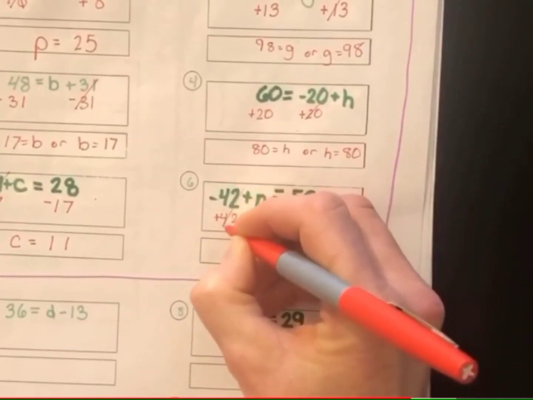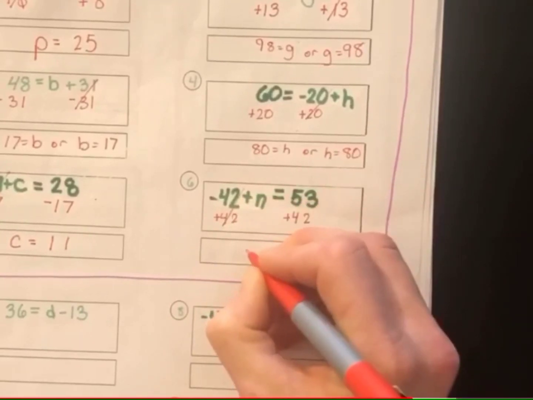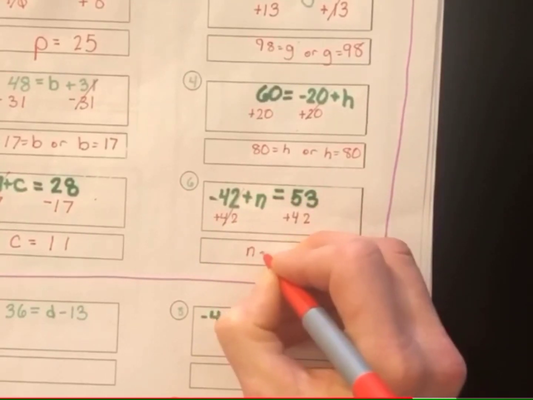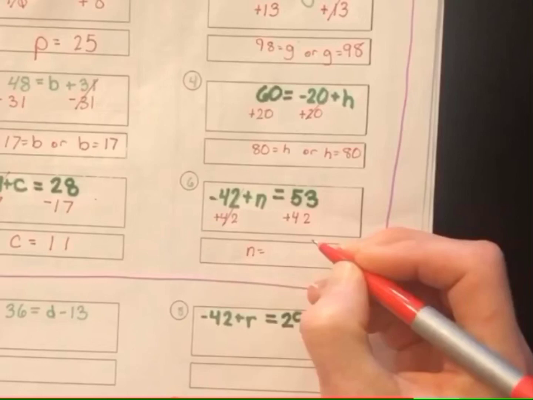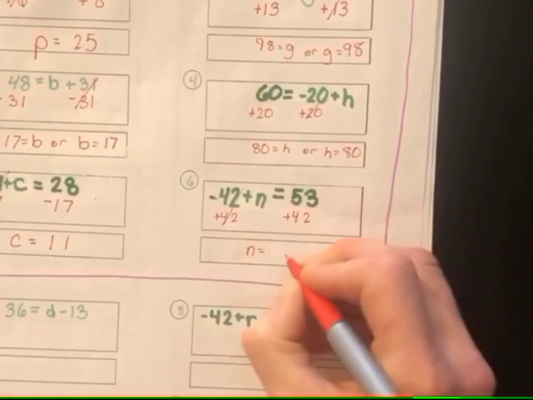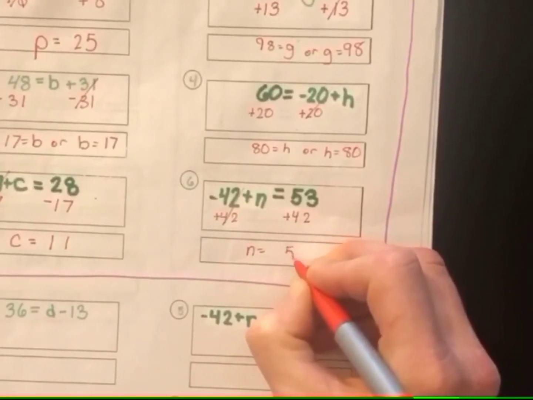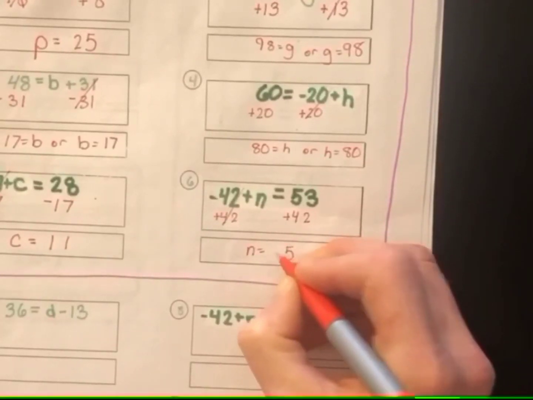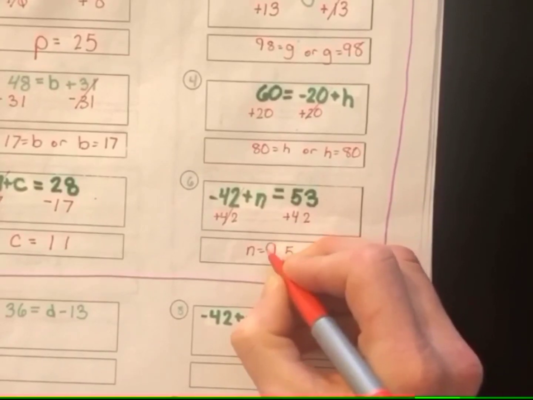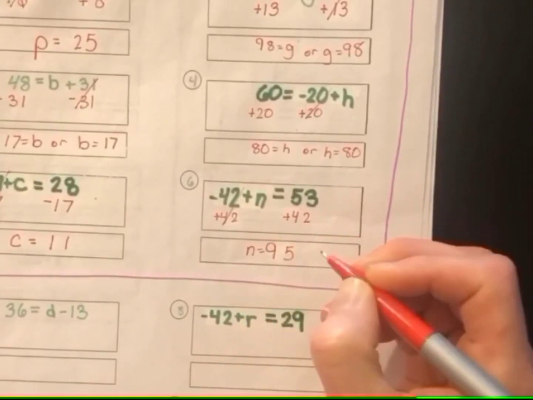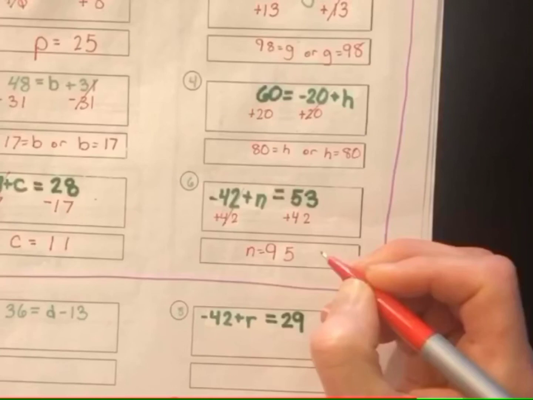Of course, the negative 42 cancels out, and we're left with just n equals 53 plus 42. 3 plus 2 is 5. 5 plus 4 is 9. 95. And that's it. N equals 95.